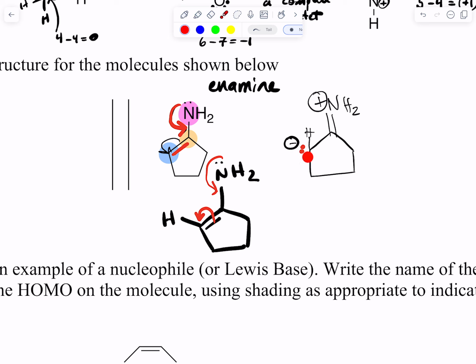So you expect this adjacent carbon to be electron rich too. And we won't probably talk about that again this semester, but if you took a class in OChem, we would eventually get to the idea that enamines are reactive not only on the electron-rich nitrogen, but also on the adjacent carbon, and it's because of resonance.